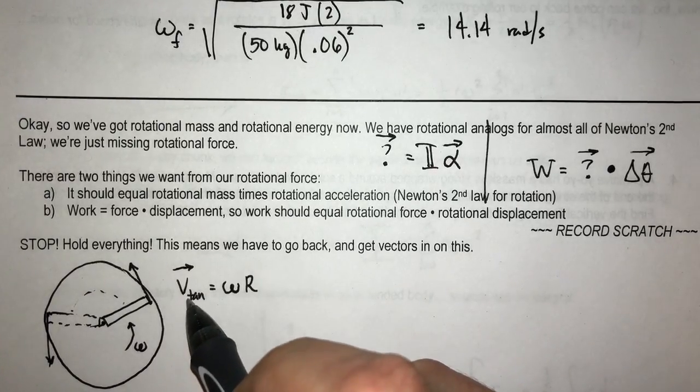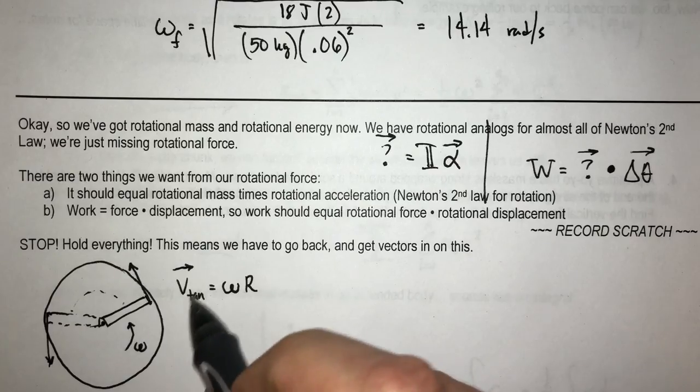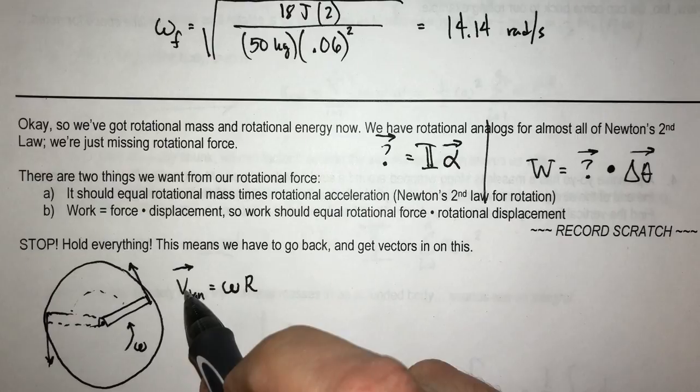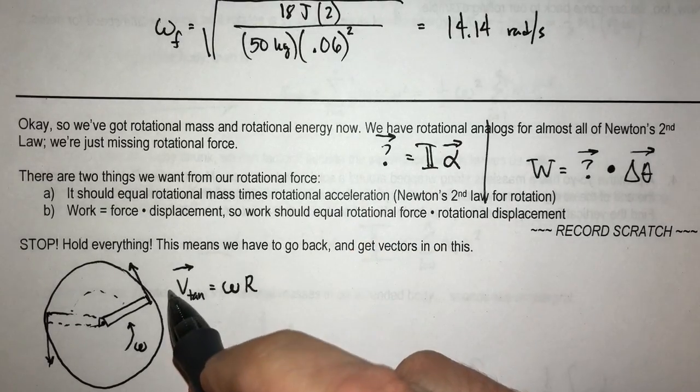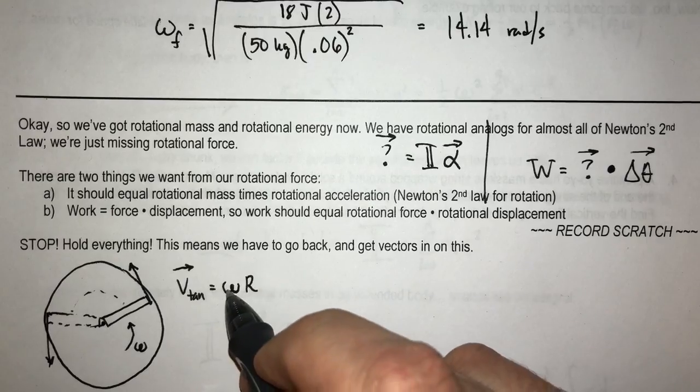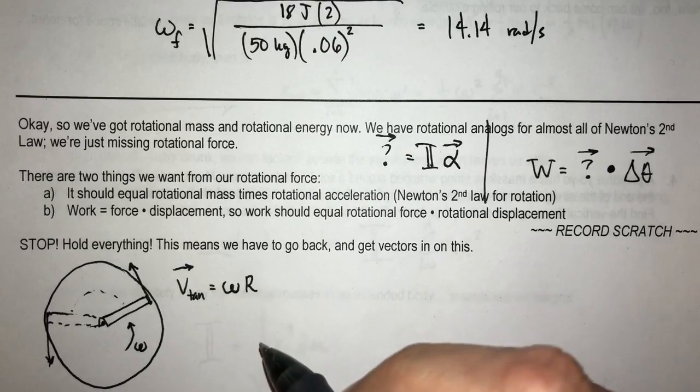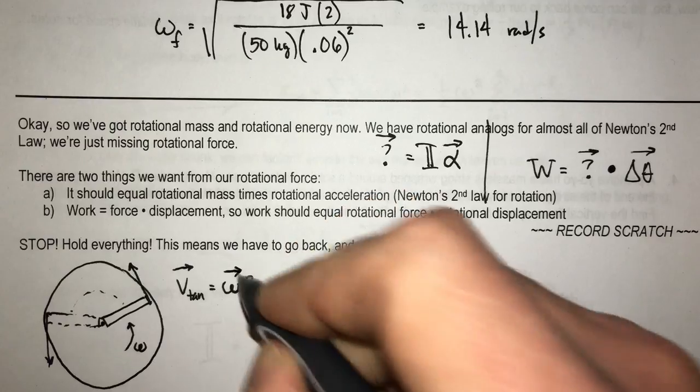So we knew all along, I think, that this needed to have some direction built into it. Now, if velocity is a vector, and this is angular velocity, I think it's pretty natural to want omega to be a vector as well.